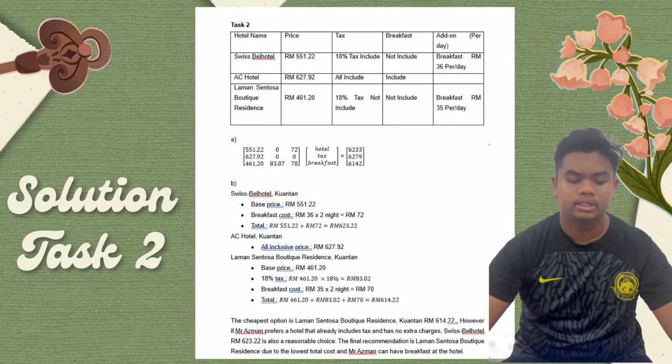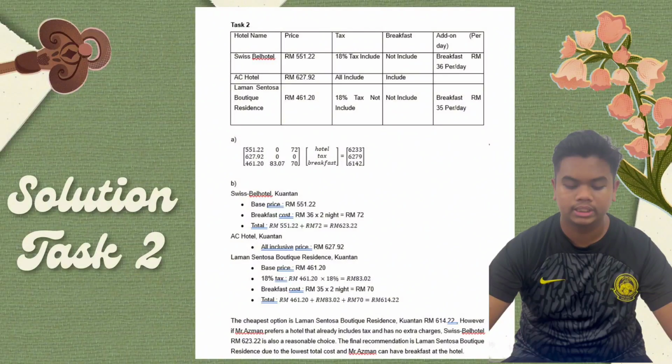So when I calculated all the calculations for this task, I made the conclusion. The cheapest option is Laman Sentosa Boutique Resident Kuantan, at 614.22 ringgit.